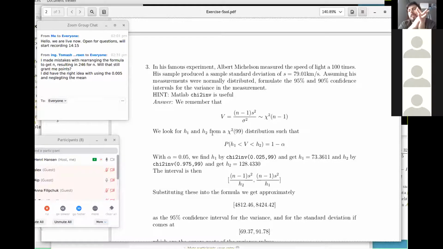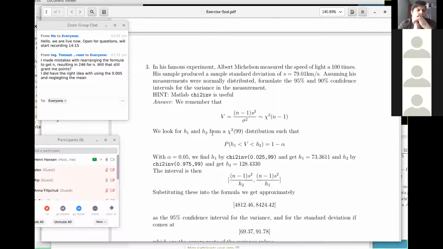This is now a random variable because the s squared is, in fact, a sample standard deviation. So it's a random variable because it depends on the outcome. And this random variable has a chi-squared distribution with n minus 1 degrees of freedom, this normalized variance, if you will.